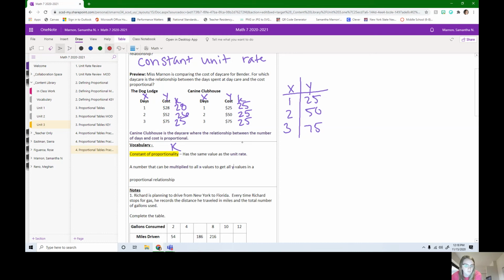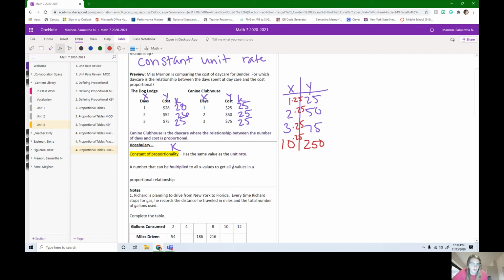It's saying that I can multiply every X by that number to get the Y. So if I do 2 times 25, I get 50, 3 times 25, 75. So if I wanted to know for 10 days at the daycare, I can multiply that by 25 and it will cost me $250 to send Bender for 10 days.